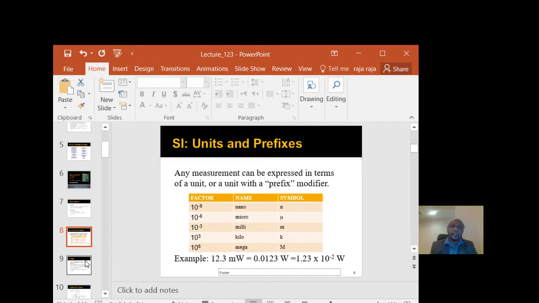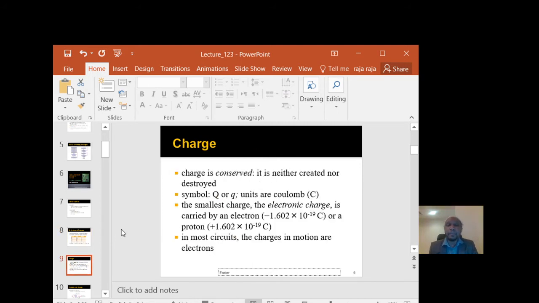Okay, students. The next one, we go to the basic concept of what is charge. This word is also not new; you studied it in physics too. First of all, you should know charge is conserved. It is neither created nor destroyed. The symbol of charge is capital Q, or somewhere they use small q, and the unit is the coulomb, C. The smallest charge is the electron.